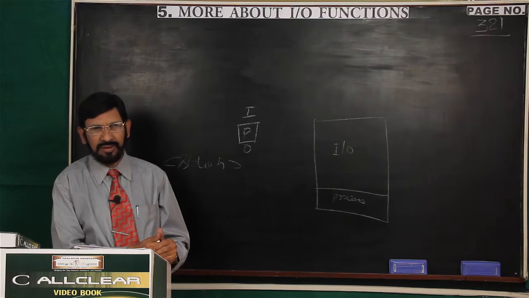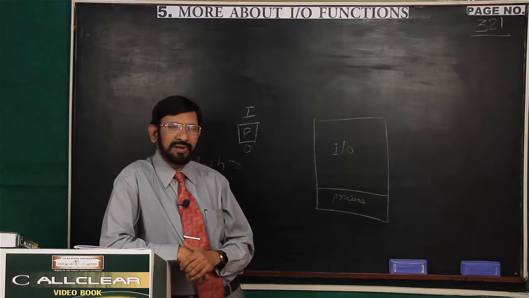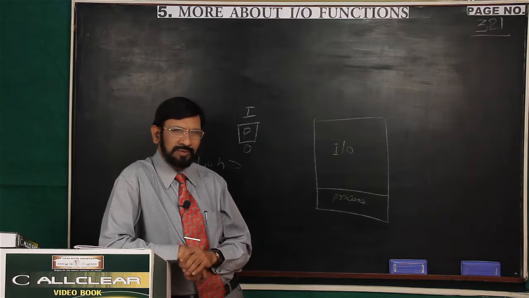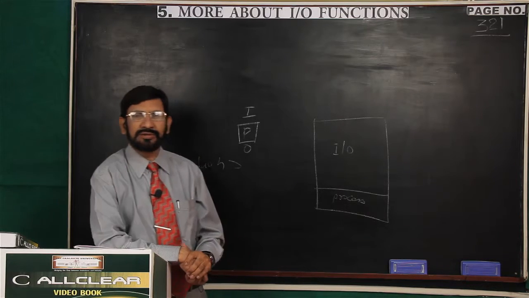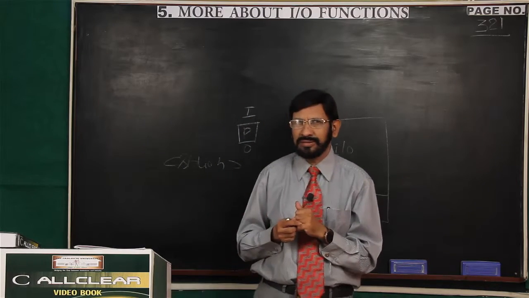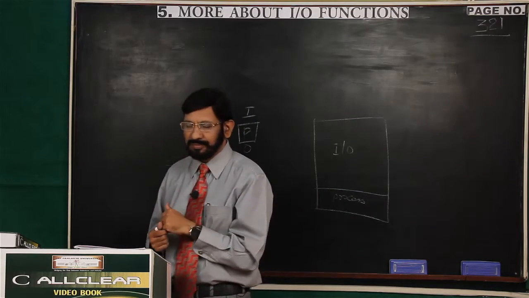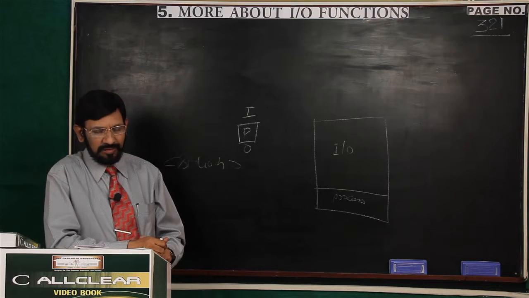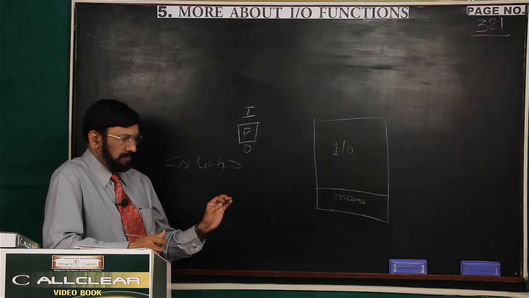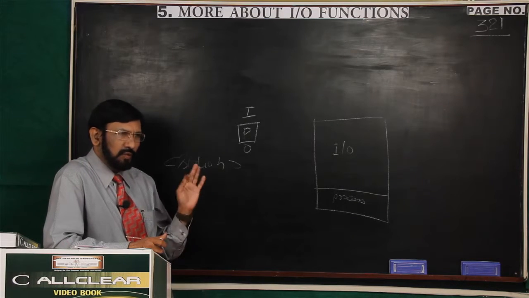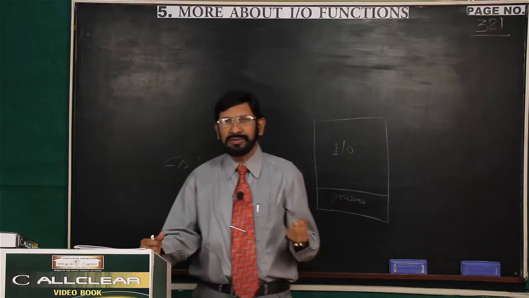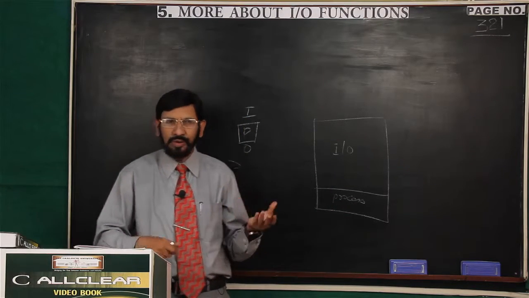That's why these are called formatted IO functions. Printf and scanf come under the formatted IO category. These formatted functions read all types of data: characters, integers, floats, strings, etc. All types of data they can read and write. But there is another group of functions: unformatted functions. Unformatted functions are meant for reading and writing only characters or collections of characters. A collection of characters is nothing but a string.